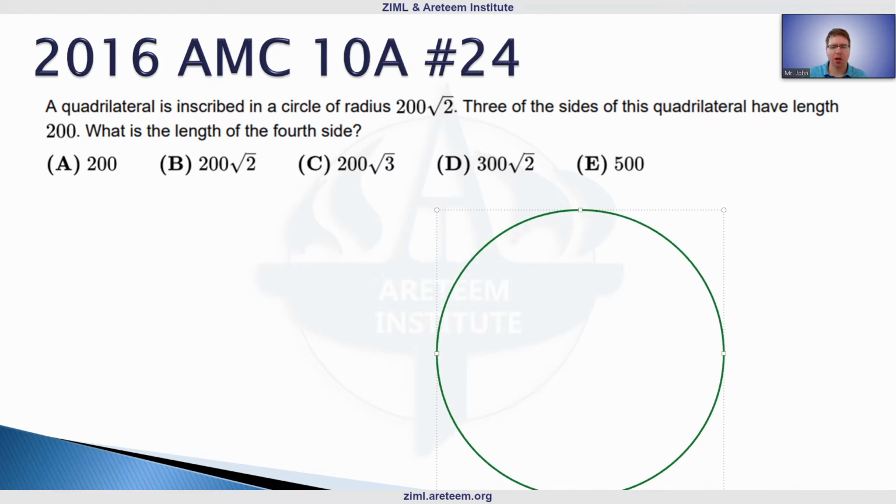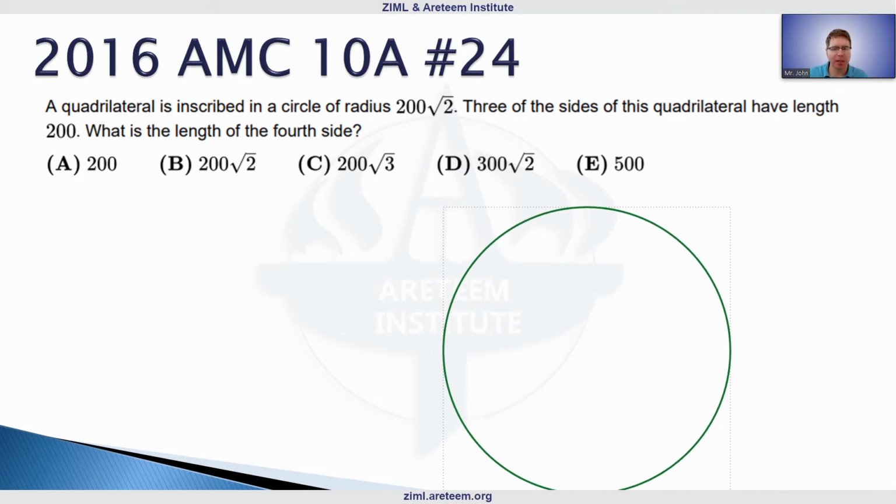So let's start with a nice big circle here for our setup of the problem. And we want to start drawing this out, labeling some points. Now, just to keep things organized, the diagram may not be perfectly accurate, but let's have our bottom be the length of this fourth side here.